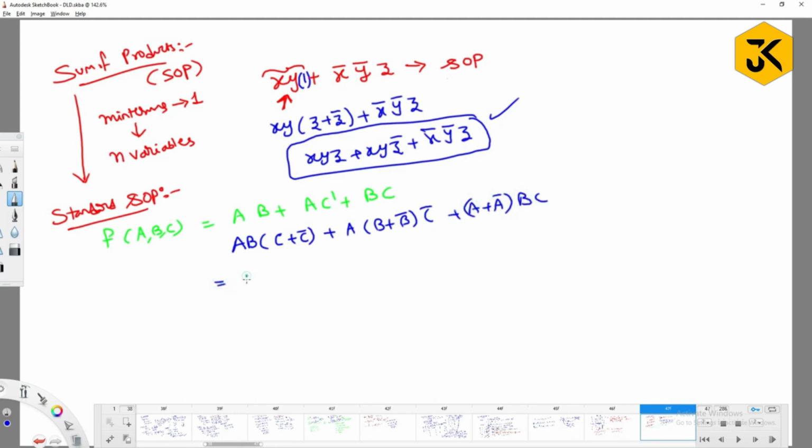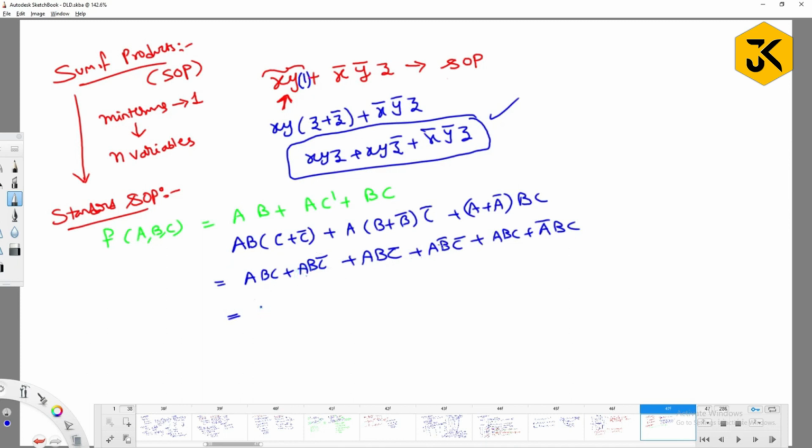Now make it distributive: ABC, ABC bar, ABC bar, A bar BC, A B bar C bar, ABC, A bar BC. Now take out any repeated min terms. ABC bar is common, so you can take it out.